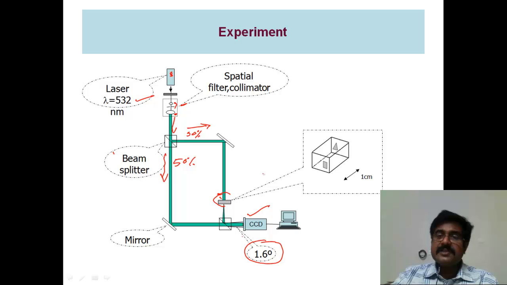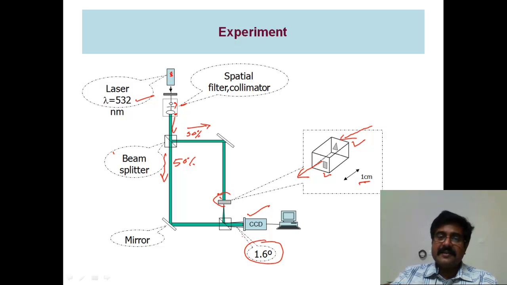Now we'll see the construction of a three-dimensional object. Here there is a triangle in the back plane and a rectangle in the front plane, separated by a distance of 1 centimeter. Light enters through it and exits through this space. So such an object is kept here.